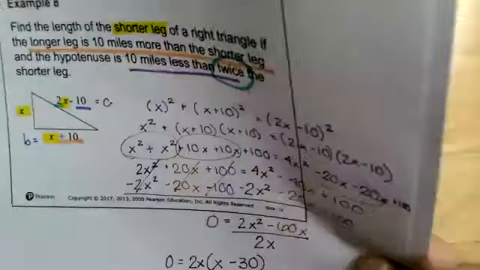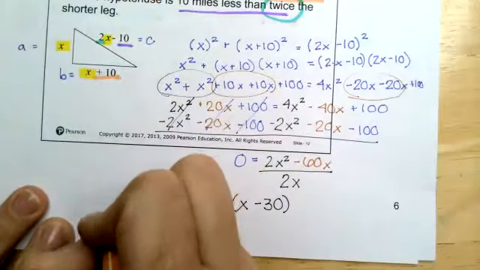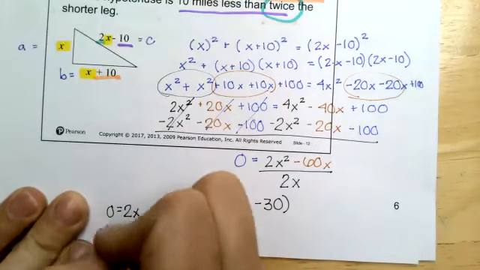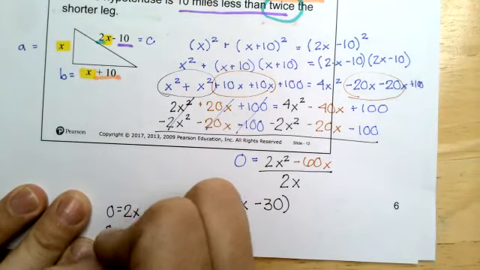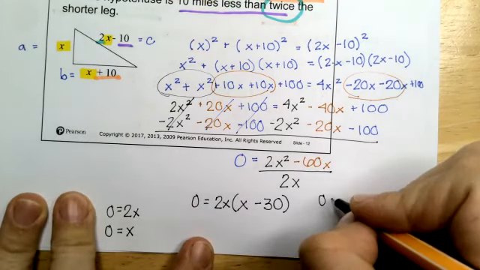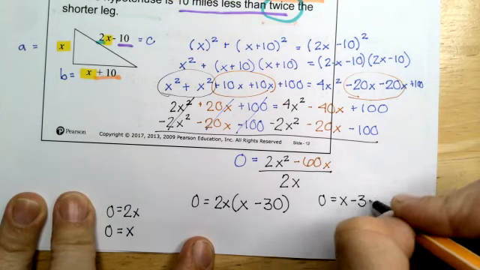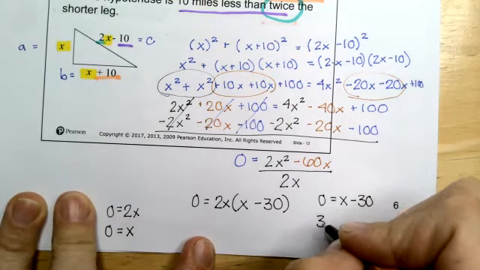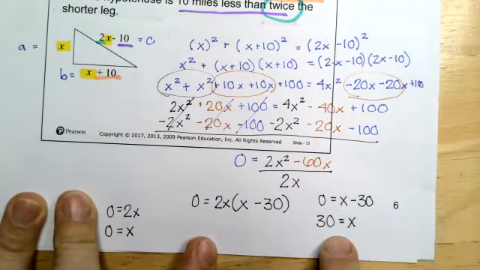Good. So I have 0 is 2x, so that just means x is 0, right? Because 0 divided by 2 is 0. And I have 0 equals x minus 30. I'll add 30 and I'll just get x is positive 30.